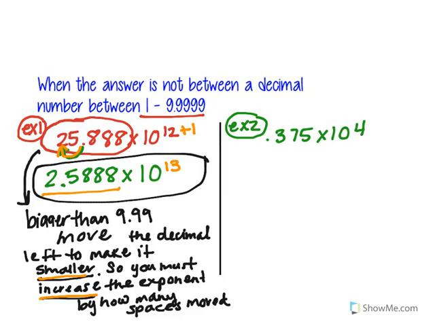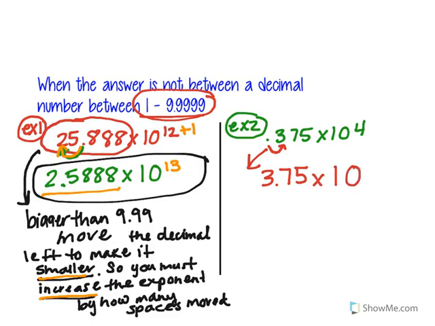So the coefficient for example 2 was 0.375. In order to make this number a coefficient between 1 and 9.9, we would have to move the decimal one place over to make 3.75, which is a number between 1 and 9.999.